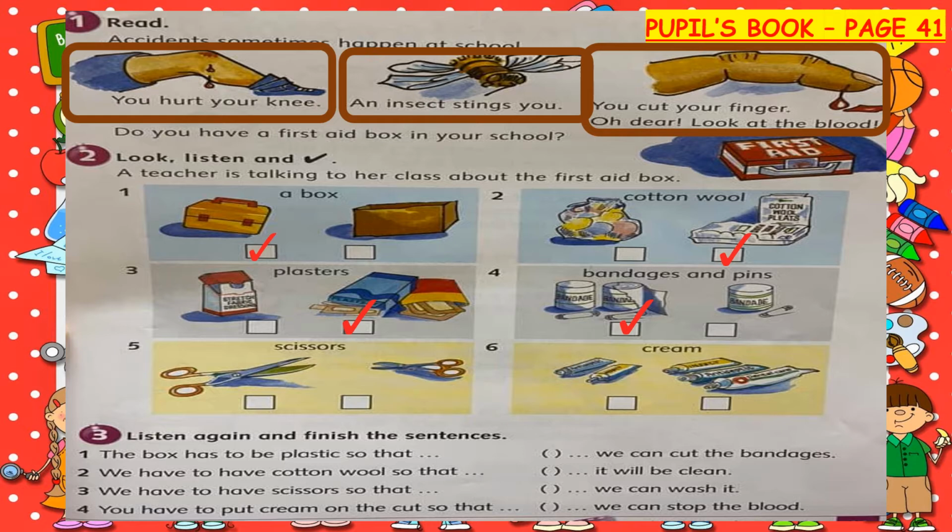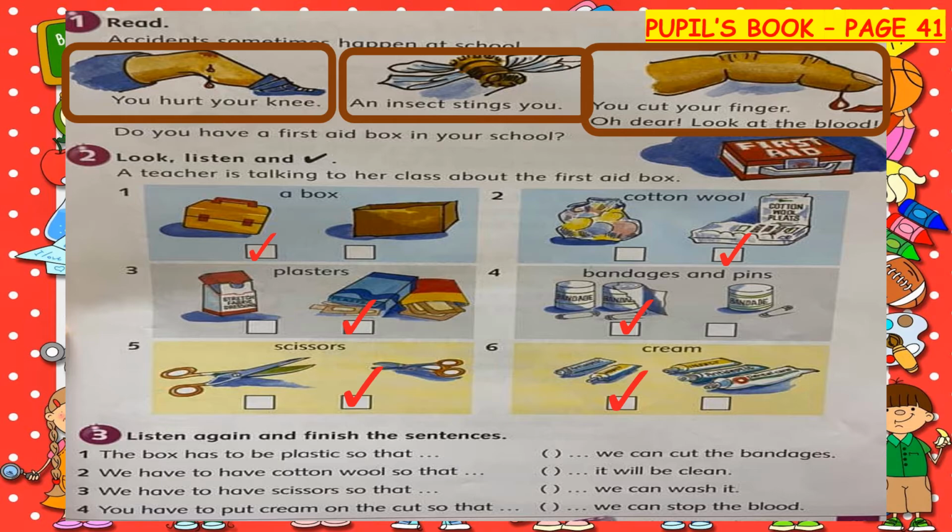And also, we must put these small scissors inside. And lastly, creams. So again, in a first aid box, we have to put cotton wool, plasters, bandages and pins, small scissors, and creams. Number 3, listen again and finish the sentences.